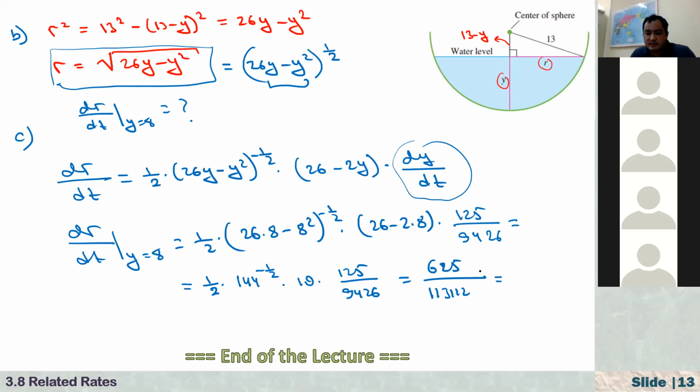It's a very small number. That's the exact value. It is meter per minute. That is the rate of change of the radius.